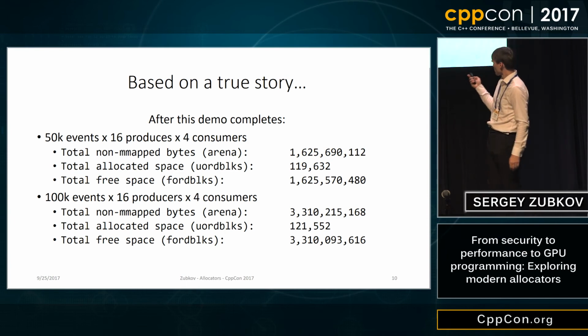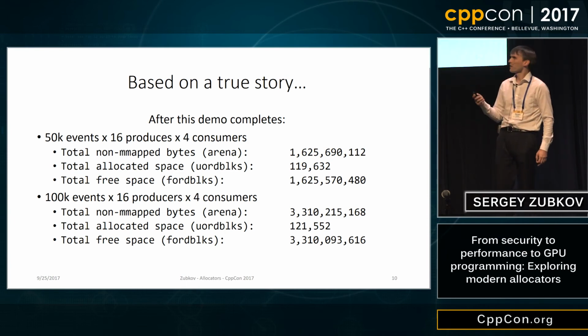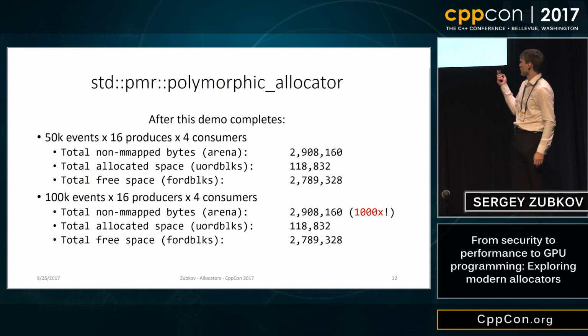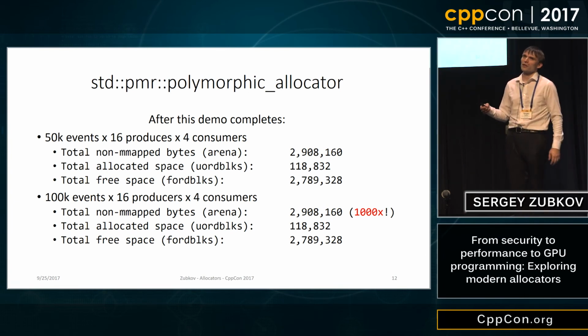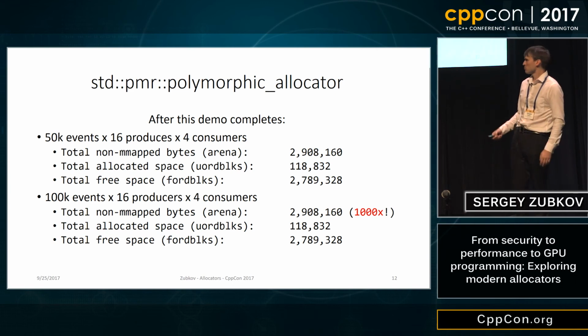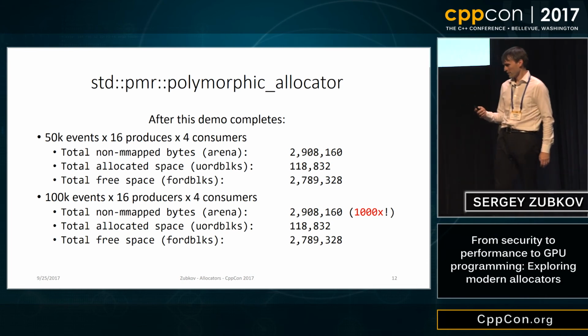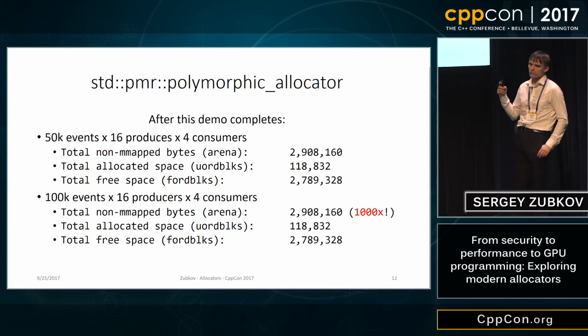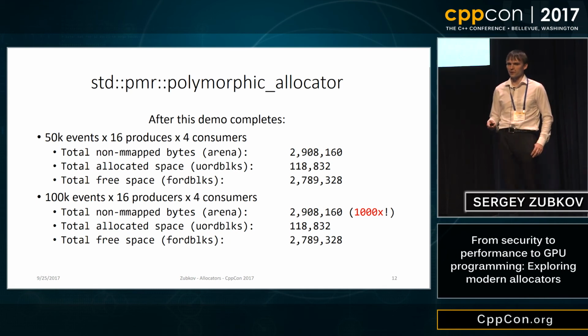So I had a massive system break of 3 gigabytes, whereas when I ran through the pool allocator, I ended up not growing the system break at all. At the end of the run, I had only 3 megabytes. Now, this is a one-off demo, so your mileage may vary. But it represents something that we actually saw in production, dealing with something that ran for a year at a time.